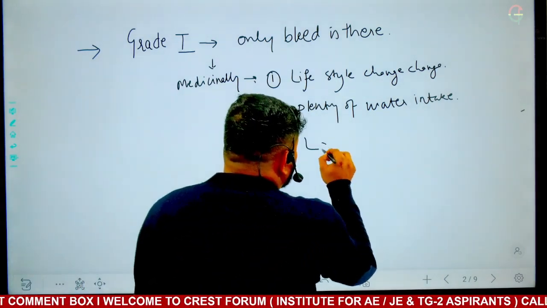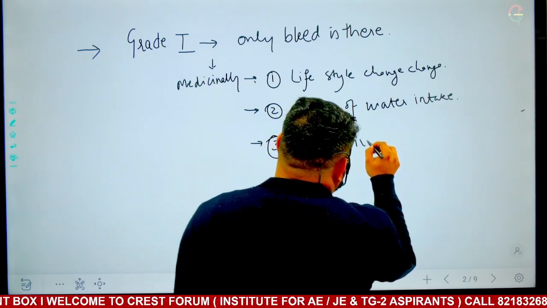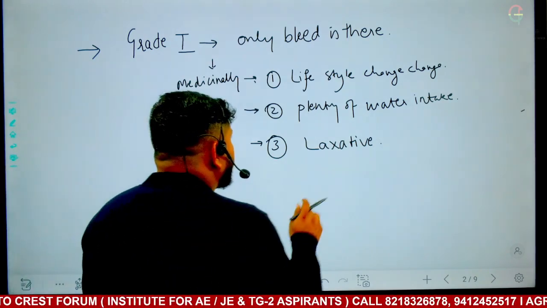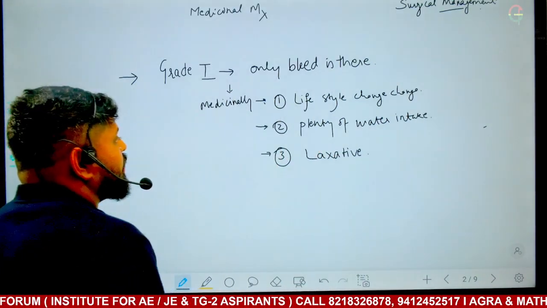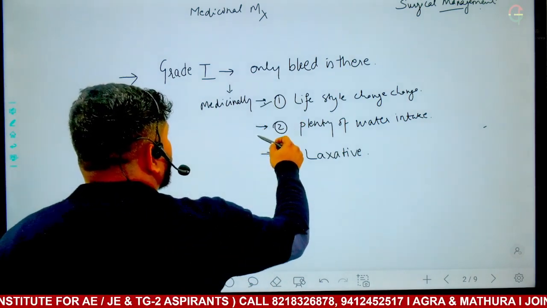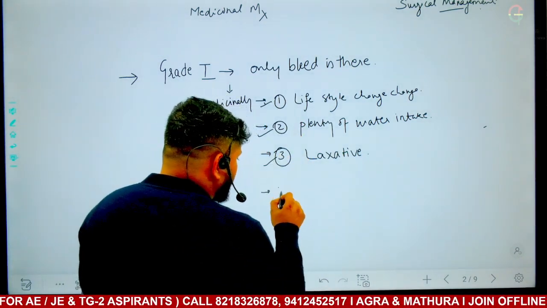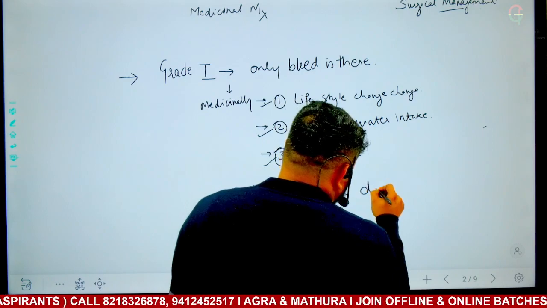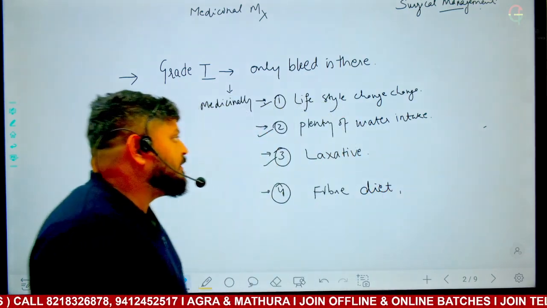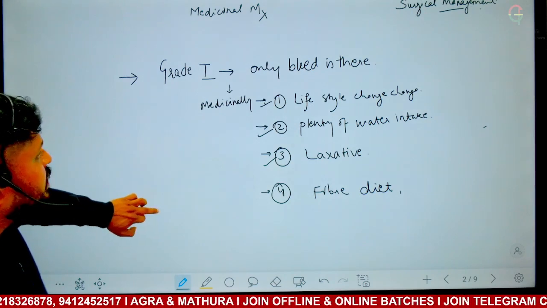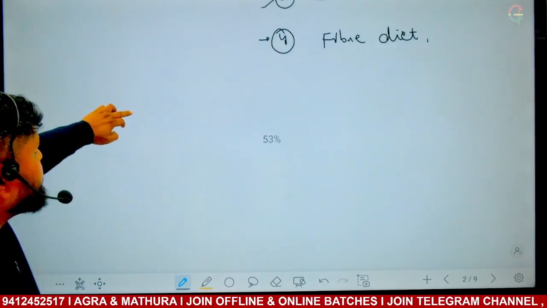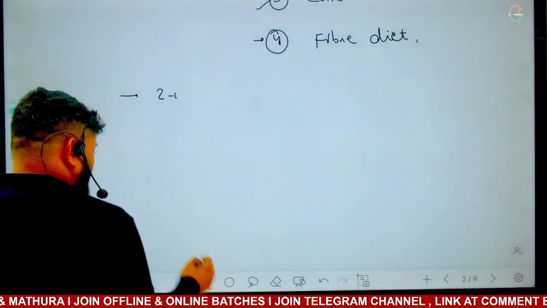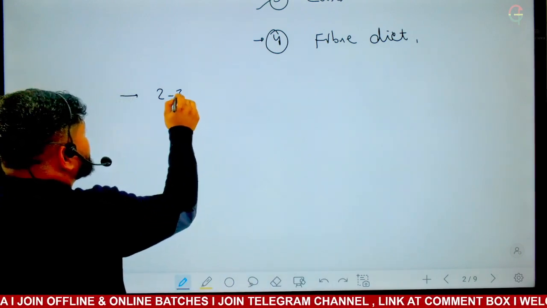We will add laxatives and a fiber diet. We will add some fiber in his diet. This is the management for grade 1 hemorrhoids, and this we will continue for 2-3 weeks.